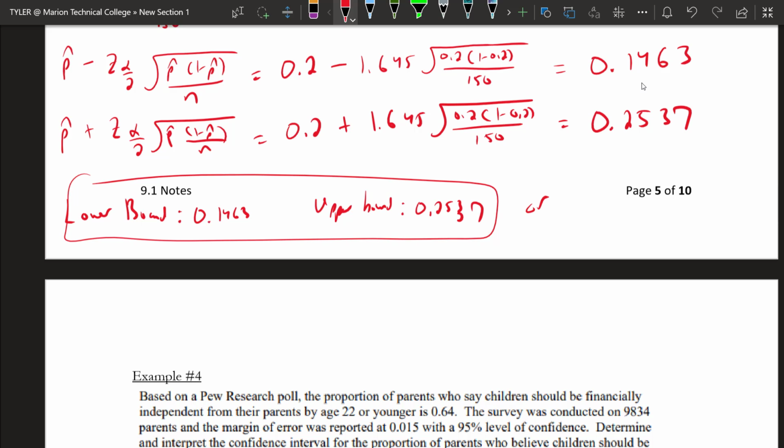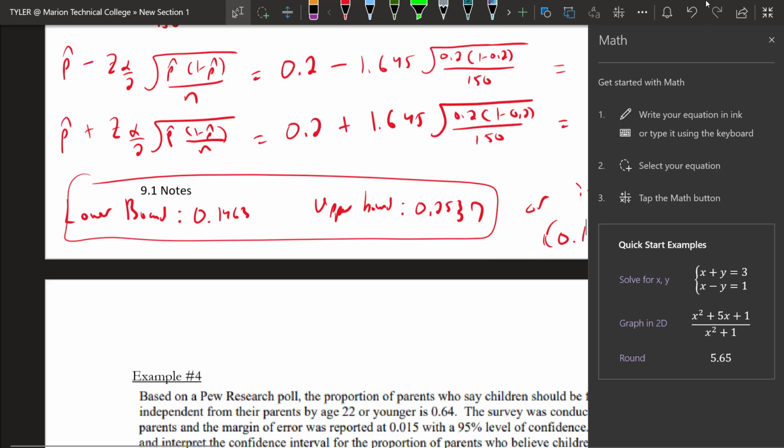Or some people will show them as an interval. We would write the first number, comma, and then 0.2537. And these parentheses mean we don't include those values. They show that in that fashion.